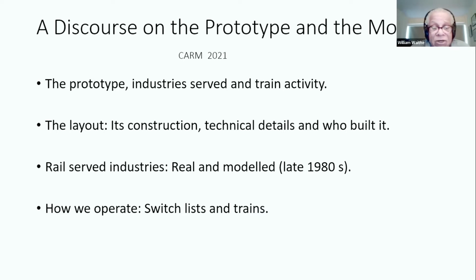And a brief bit about the layout, some particularities of building a layout in a condo. The second version was built in a condo. Then we'll have a look at the rail served industries and the modeled work. And finally, how we operate. And we're using computer generated switch lists. This one is not JMRI, it's ShipIt.